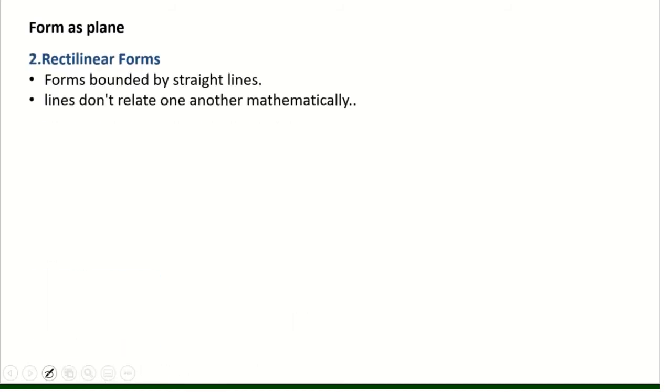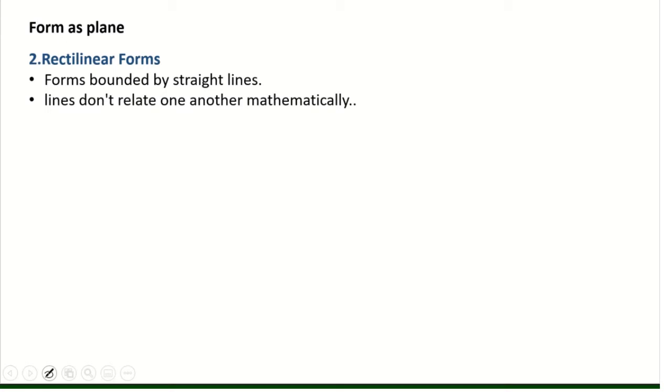The second category of planar form is rectilinear form. Rectilinear forms are nothing but what? The forms that are of two-dimensional appearance. I mean to say it occupies a certain area, but the forms are bounded with straight lines.